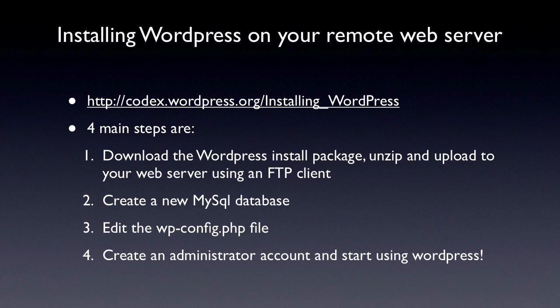Thirdly, you'll need to edit a configuration file within WordPress called wp-config.php, and in there you need to put in the details that WordPress needs to know in order to access your MySQL database. And then finally you need to create an administrator account in WordPress's own user account system, and then you can start using WordPress.